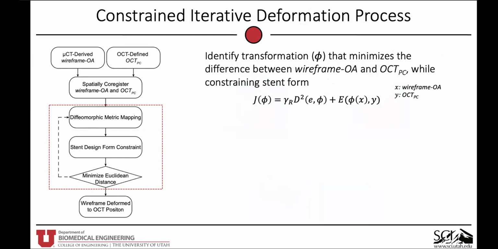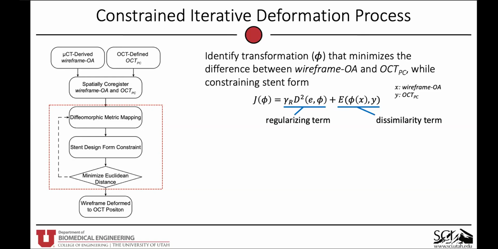But the idea with DMM is it seeks to identify the transformation that really minimizes the difference between 2 point clouds. And I've always been told you can only have one equation in a presentation. This is my one equation here. Essentially what this equation tells us is we're looking at identifying this optimization function of this transformation phi that's a sum of two parts, a regularization term and a dissimilarity term.